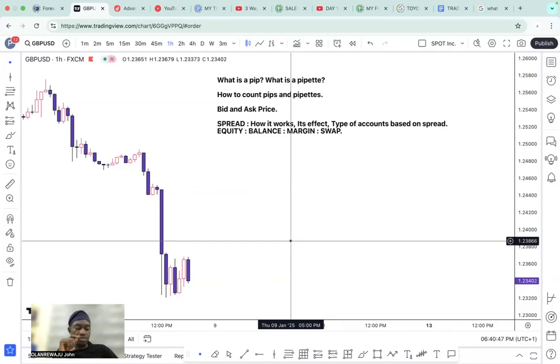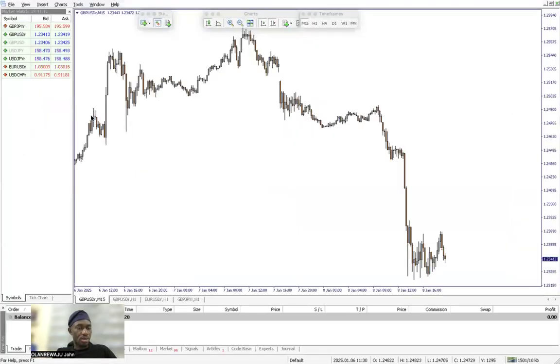If you are checking it through MT4, you realize that it is four decimal places and then one tiny number on top. That tiny number on top is called a pipette. That tiny number on top on MT4 is what is here on TradingView as a whole number. You get what I'm trying to say?